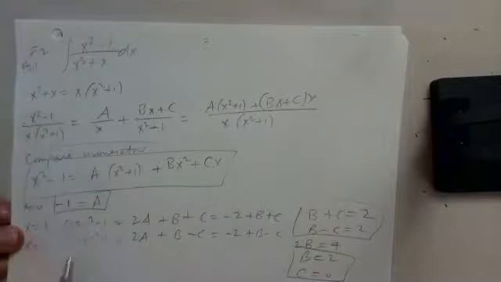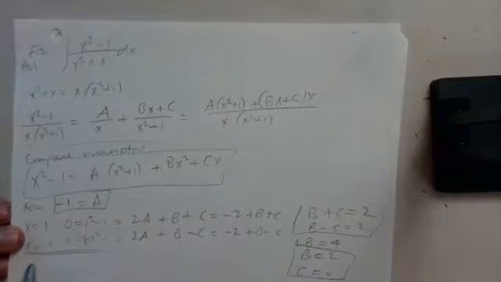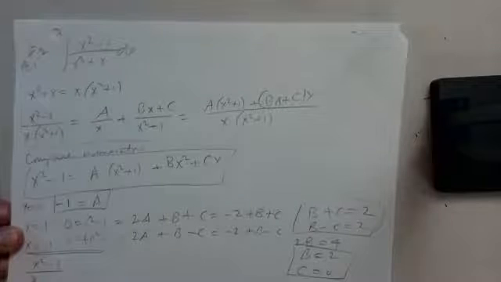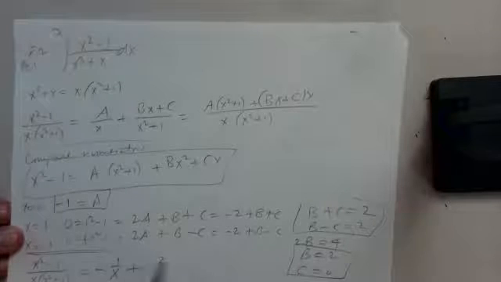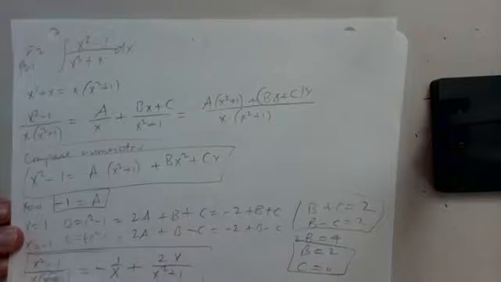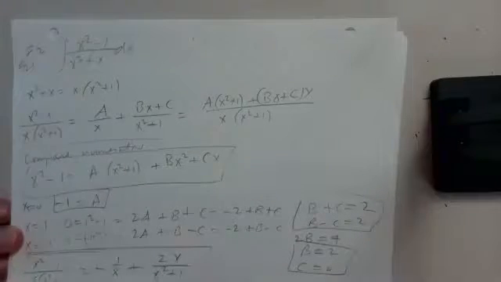So this expression, x squared minus 1 over x times (x squared plus 1), is equal to a over x, minus 1 over x, plus (bx plus c), that's just 2x over x squared plus 1. So we have this very beautiful identity for this function we're integrating.